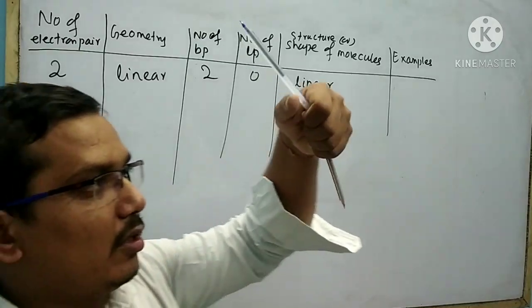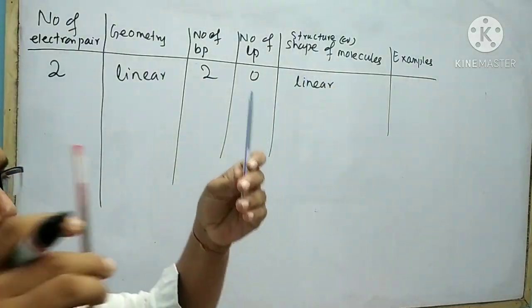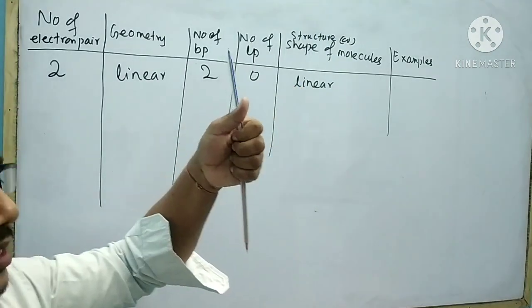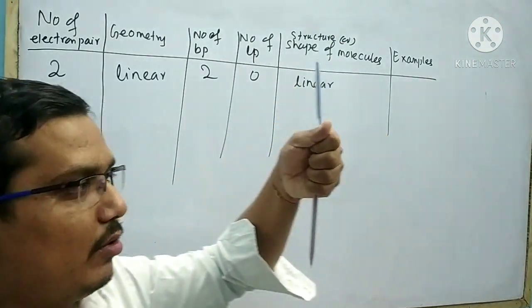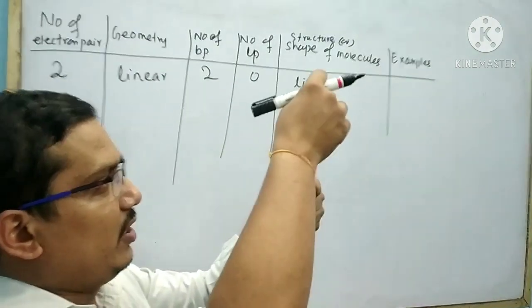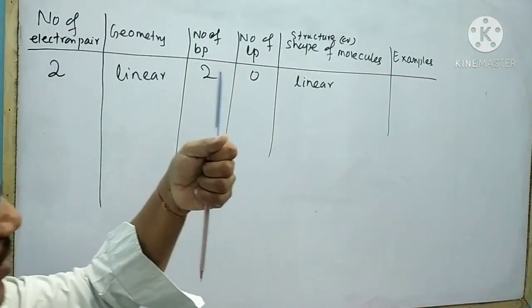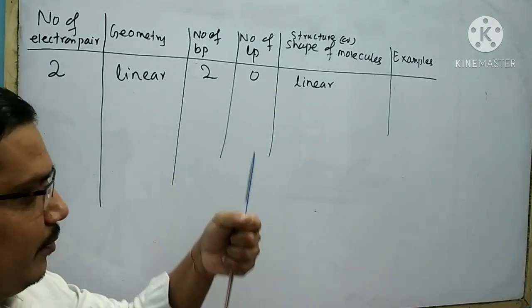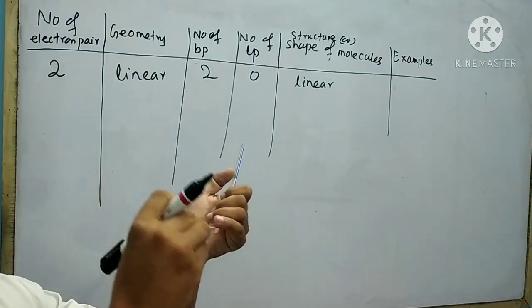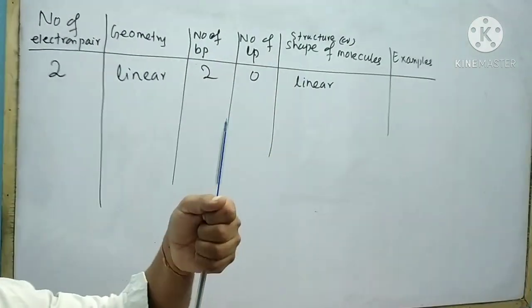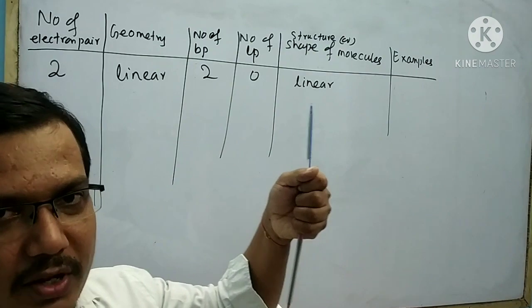Suppose there are two electron pairs present around the central atom. Suppose my hand is the central atom, and these two are present like this, then this is said to be linear shape. The two electron pairs must be away from each other to maintain minimum repulsion.